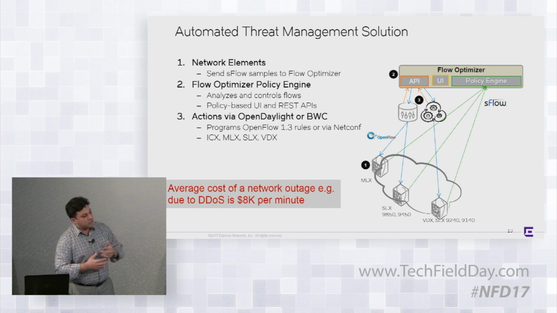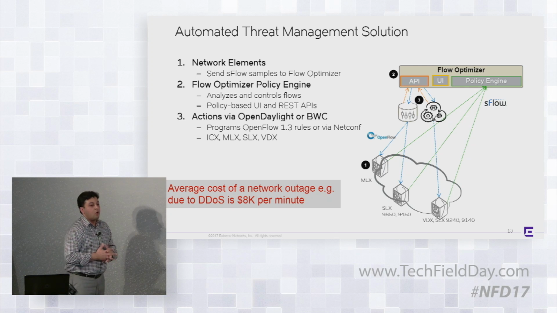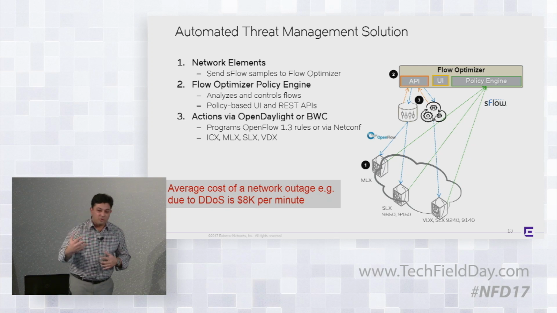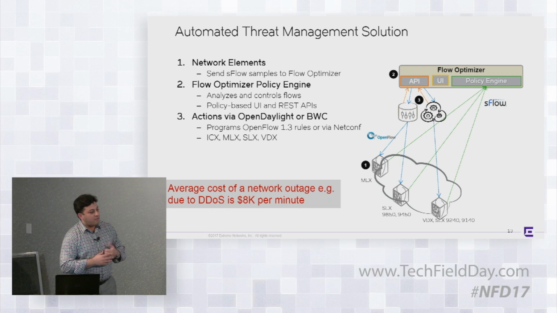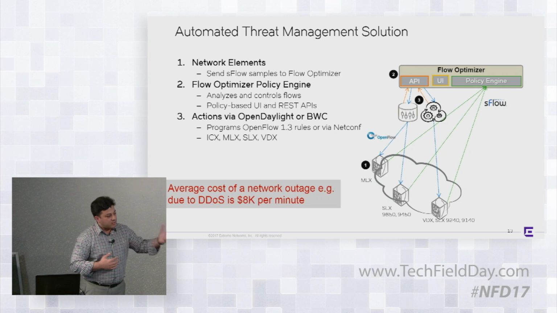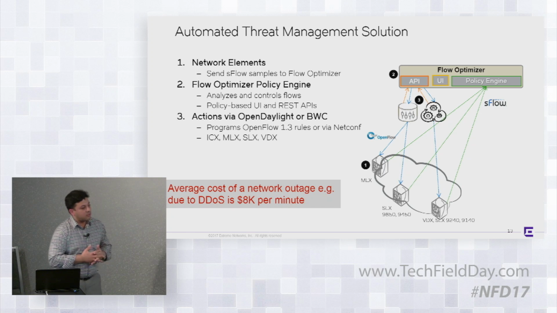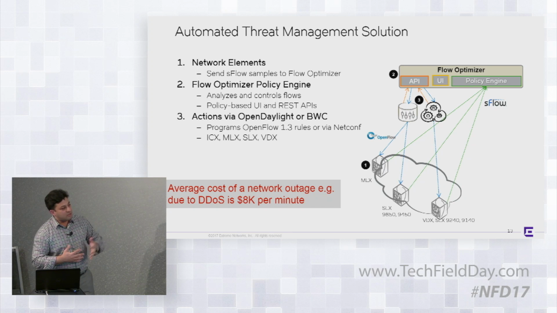And overall, from a solution perspective, it runs on an SDN controller as well, because we have customers who use OpenFlow, who are very SDN centric, and we have network devices which allow those capabilities.